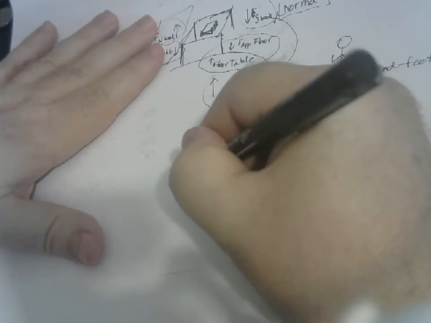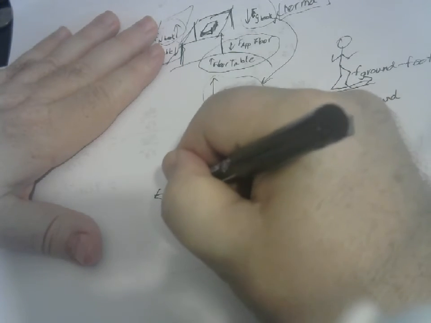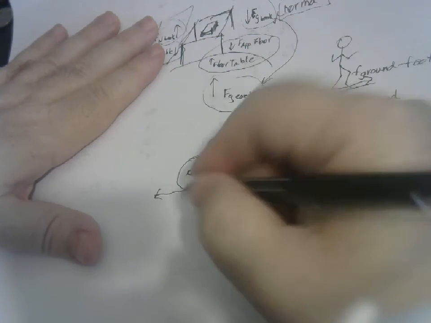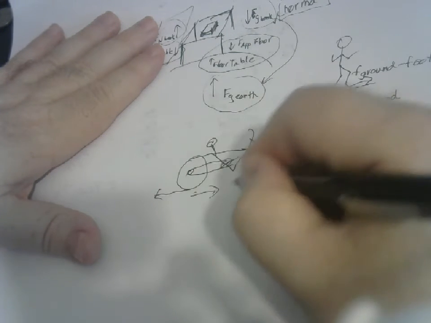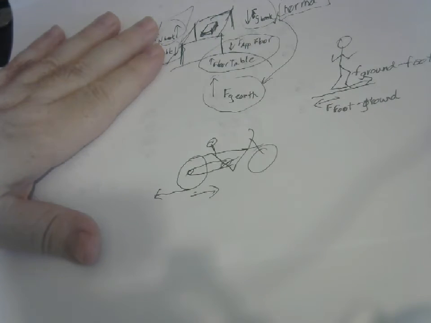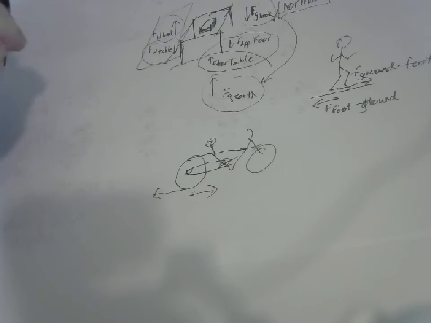Same thing with a bicycle. The tire pushes backward on the ground, and the ground pushes forward on the tire due to the static friction between the tire and the ground.